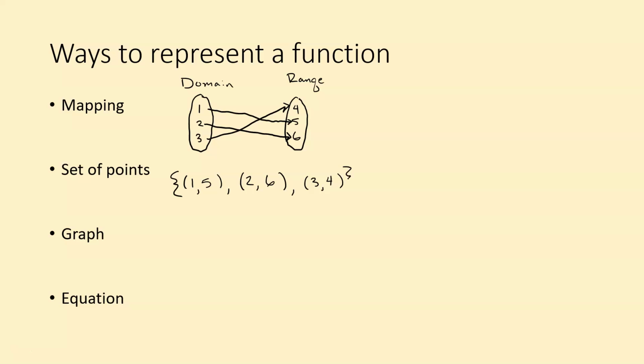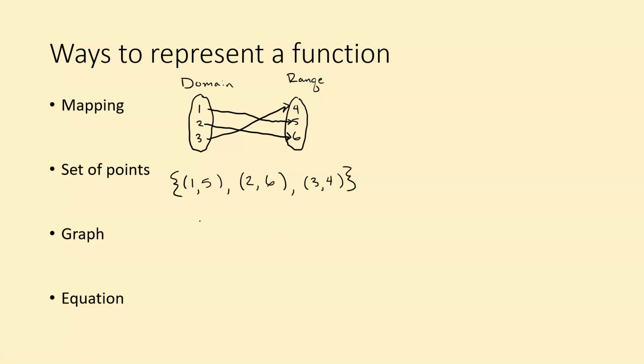Then we put braces around it to show that this is one set that has 3 points in it. These are the same relation; they tell us the same function: 1, 5, 2, 6, and 3, 4. They are just represented in 2 different ways, as a mapping and as a set of points.